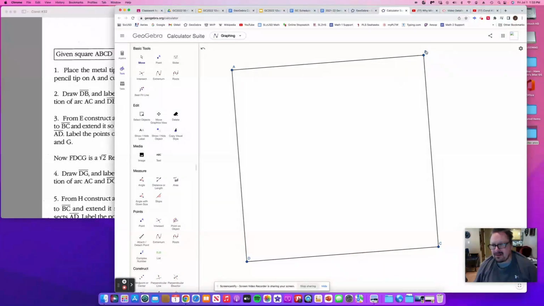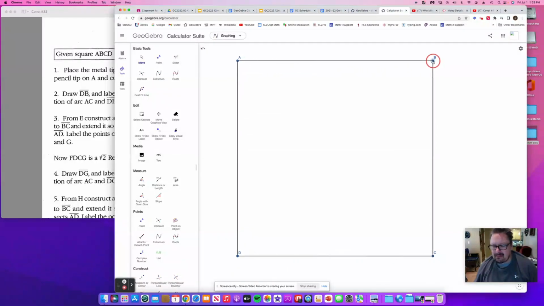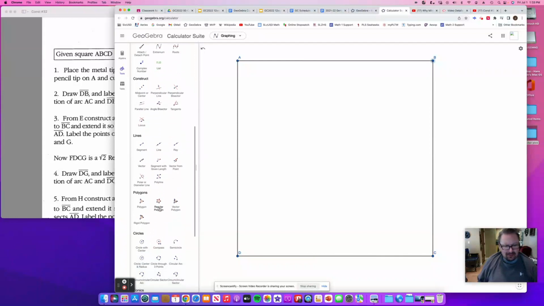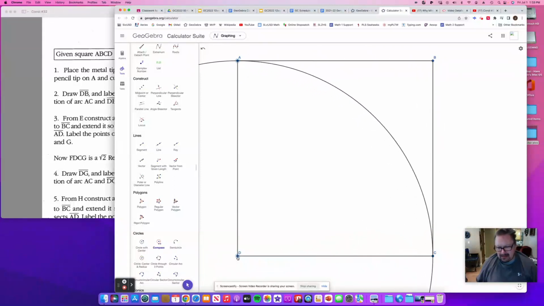First move this over, and we'll line this up. There we go. Now we need to cut an arc that goes from A to C, and we need to use the compass tool for that. So we'll measure from D to A and put that circle on D, and then we draw a line.